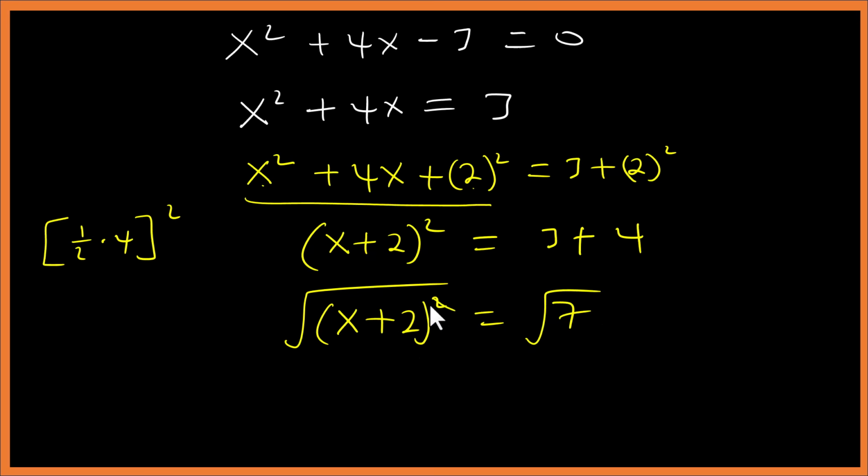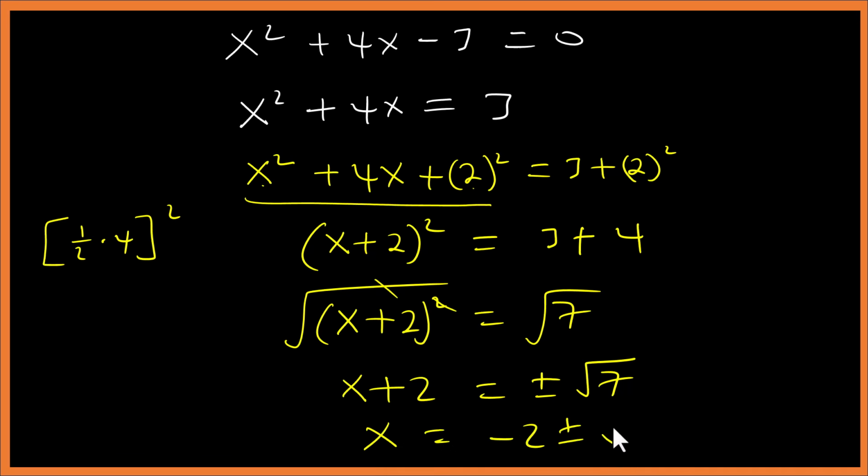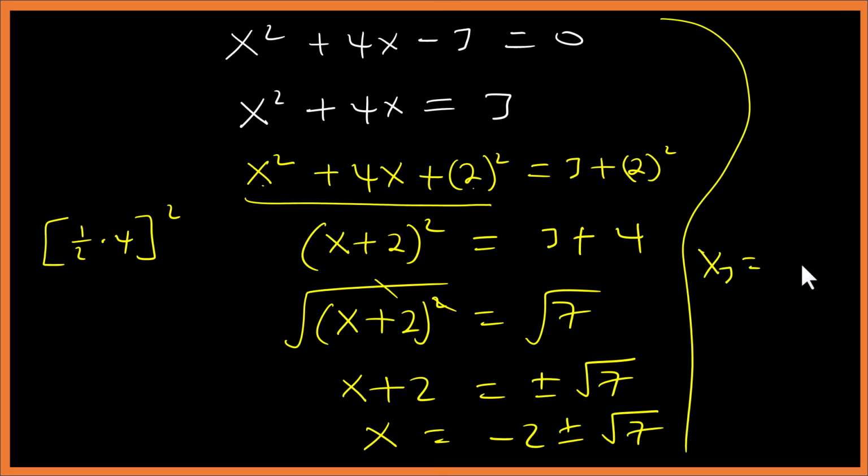So this side will cancel: x plus 2 equals plus or minus square root of 7. So we have x equals minus 2 plus or minus square root of 7. Alright, so we have x3 as minus 2 plus square root of 7, and x4 as minus 2 minus square root of 7, as our answer.